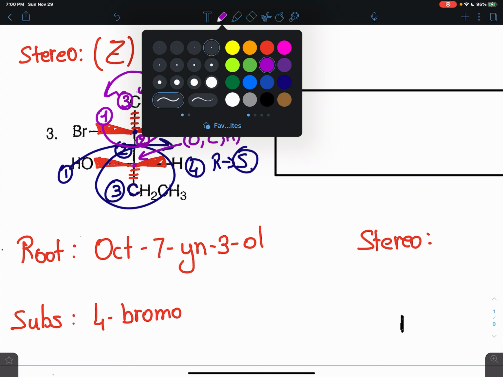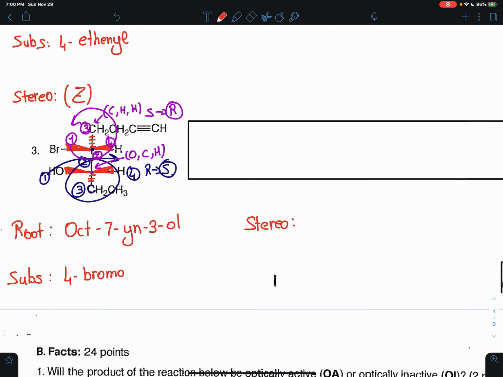So let's write it down. Now, in this case, because we have 2 stereo centers, we have to put the numbering before the groups. So it's going to be 4S, oh, my bad, not 4S. This one is carbon number 3. So 3S, and then we have a 4R.